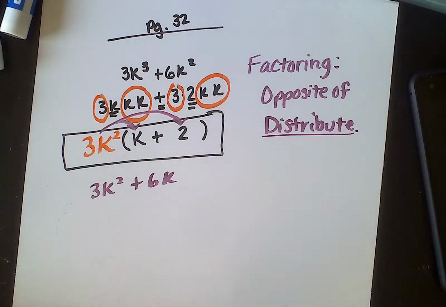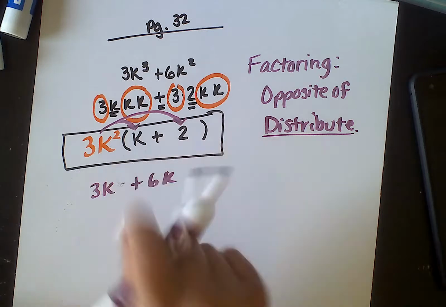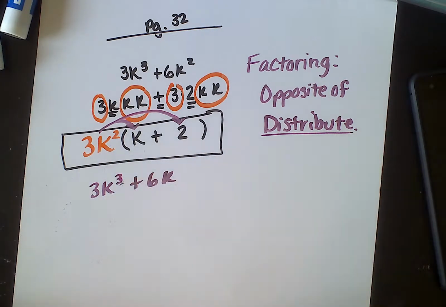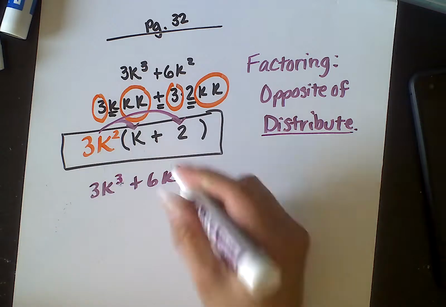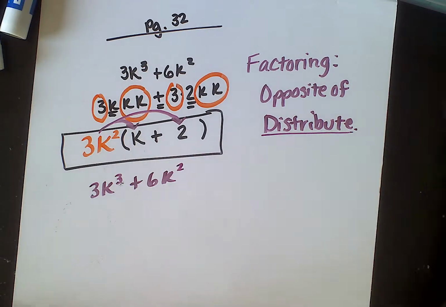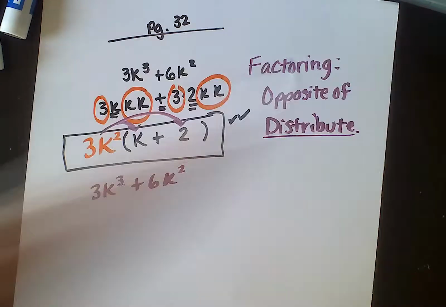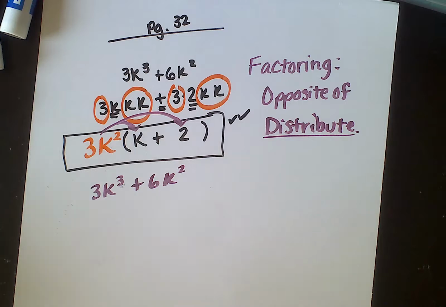Nobody told me, sorry. So good thing I double checked my answer. That's not my answer at all. So now 3k squared times k is 3k cubed. And then this would be 6k squared. There we go. So now I know for a fact that my answer is correct.